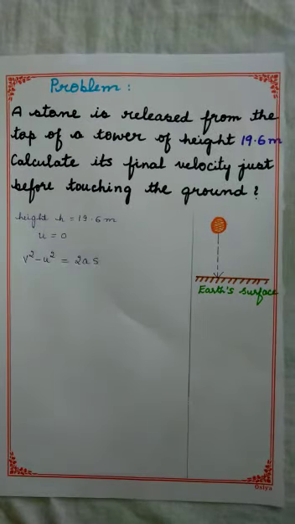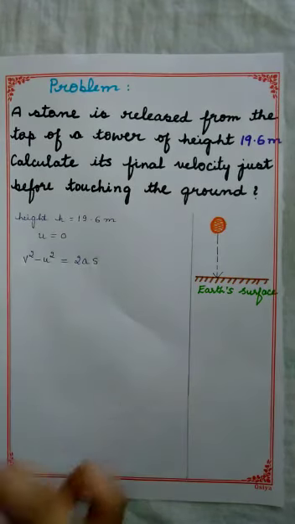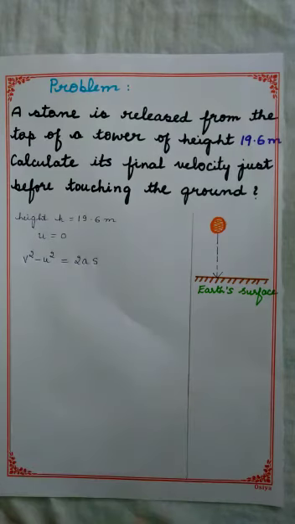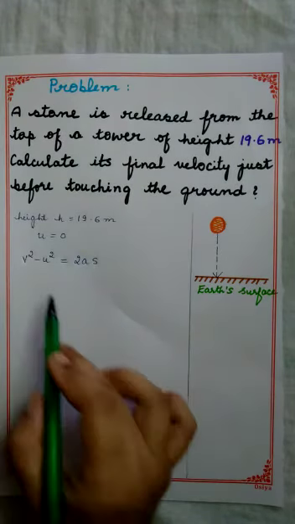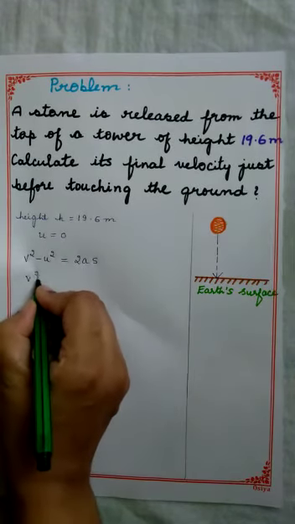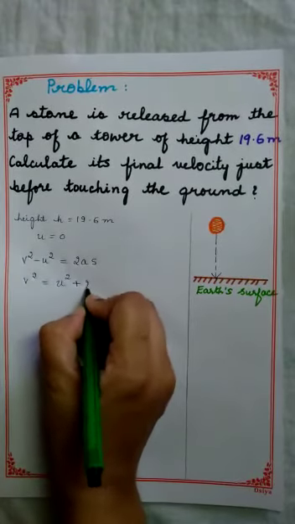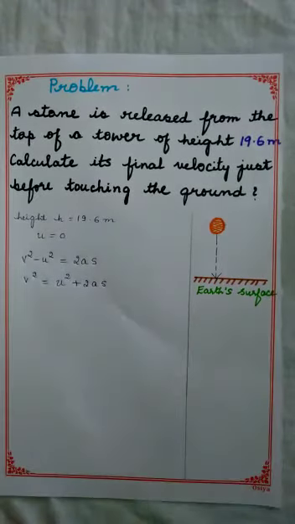From the equations of motion, we have an equation called v square minus u square equal to 2as, where v is the final velocity, u is the initial velocity, a is the acceleration, and s is the distance. On rearranging this equation, we get v square is equal to u square plus 2as.